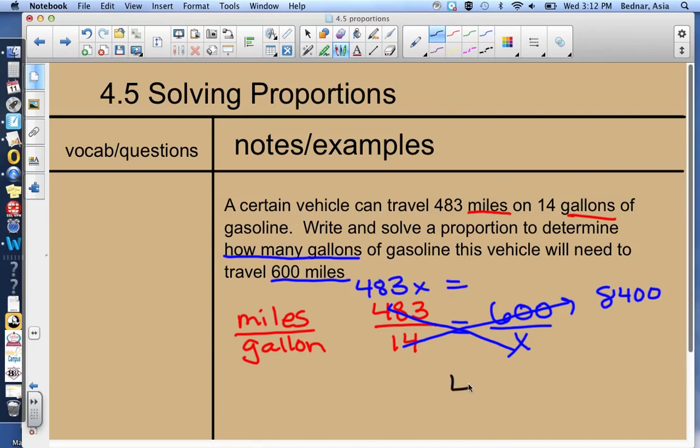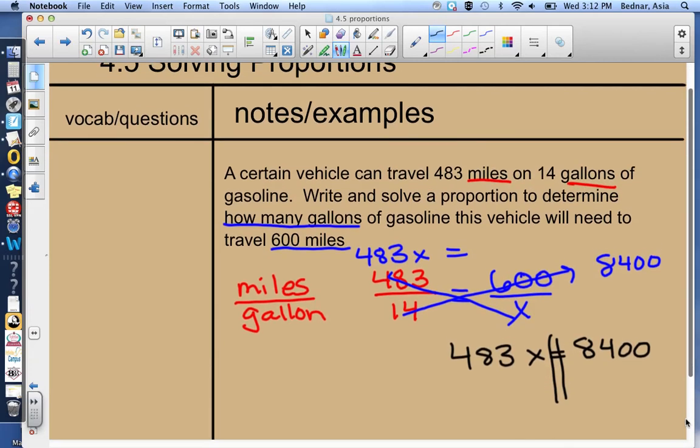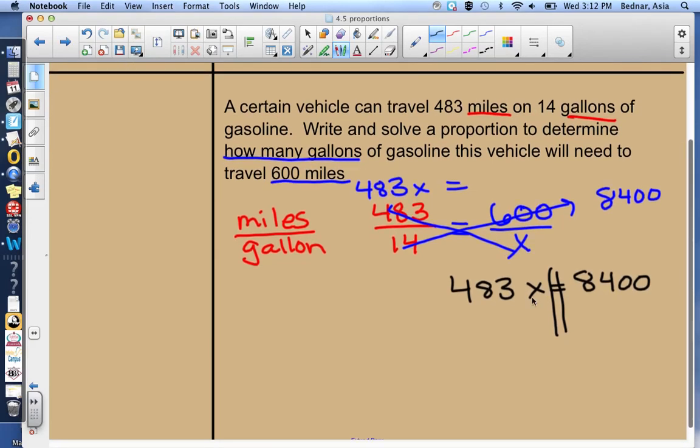So now I have 483x equals 8,400. To solve that, I ask myself the simple questions. What am I solving for? What's bothering it? How? And what's the inverse? In this case, the inverse is again to divide. Divide by 483.